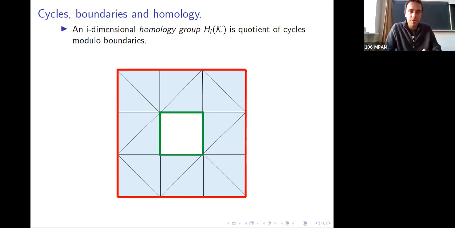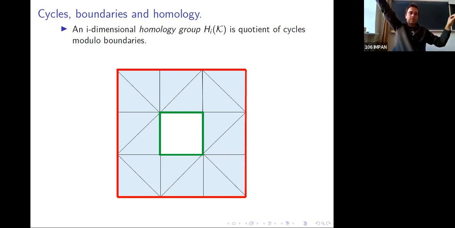So for instance, in that picture, the homology group in dimension 0 will be just the coefficient field, let's say Z, because every cycle can be represented by just a point with a coefficient 1.